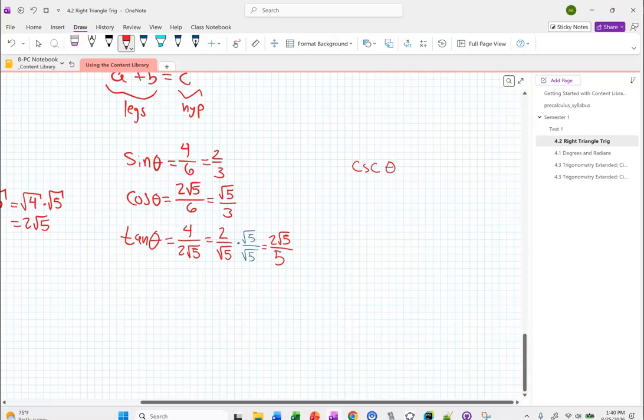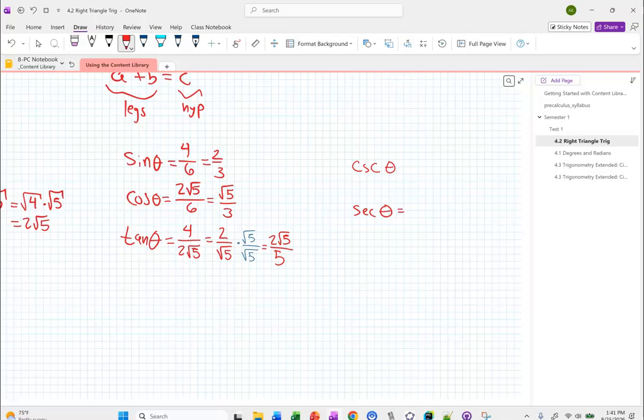So the next thing I want to do is cosecant, secant, and then cotangent. Now, I can use hypotenuse over opposite to write down cosecant, but that's not the way I like to think about it.